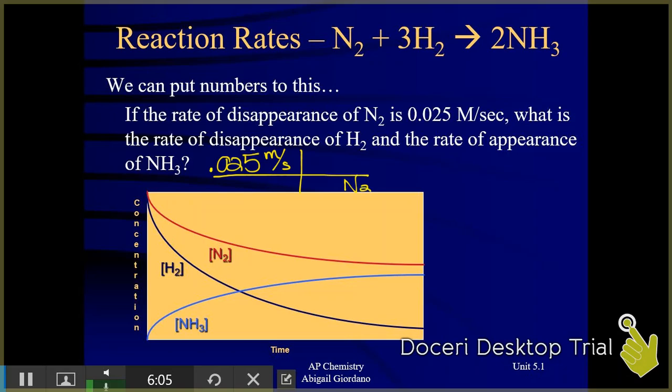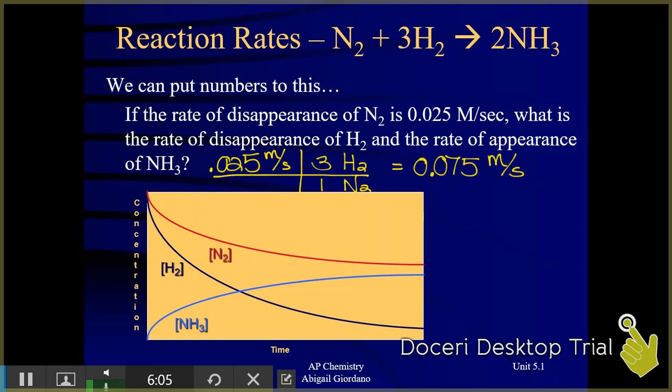And they're asking me about hydrogen. These are in a 1:3 ratio. So the disappearance of hydrogen would be 0.075 molarity per second. It's just a factor of those coefficients.